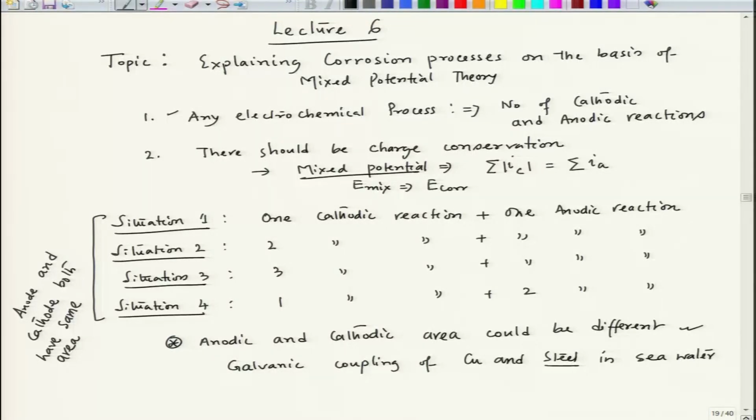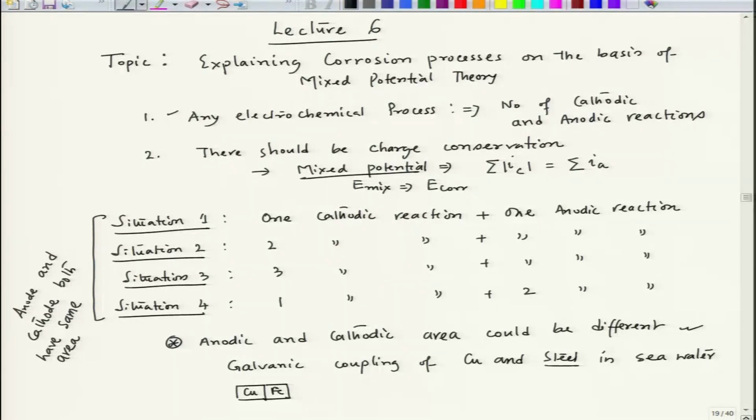If you go back and look at some of the lectures in corrosion 1, you will see that, let us say this is copper and this is steel, which I consider to be Fe.